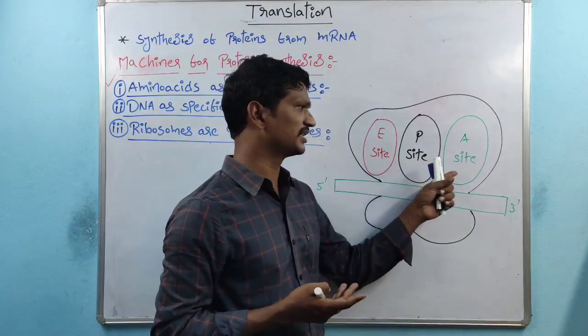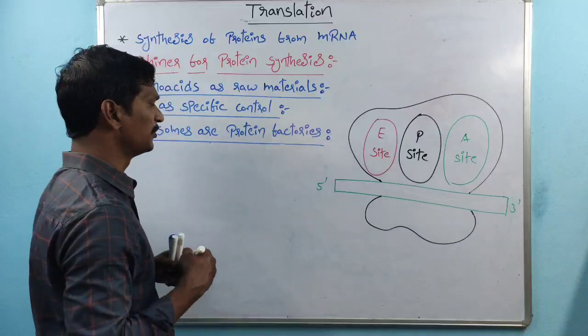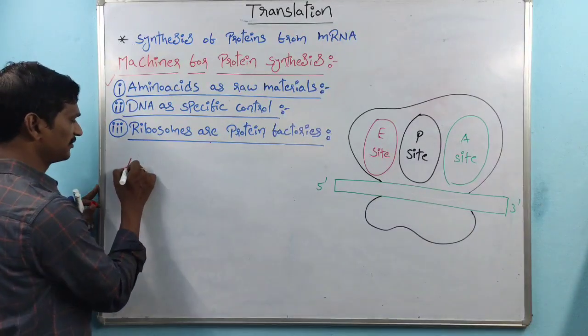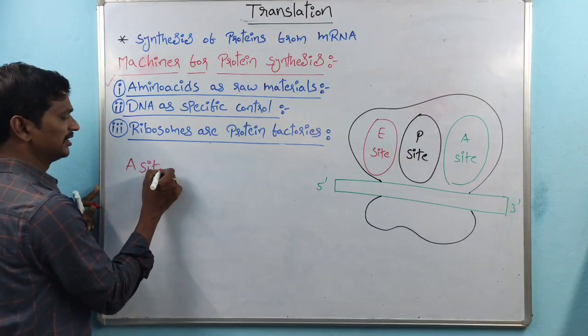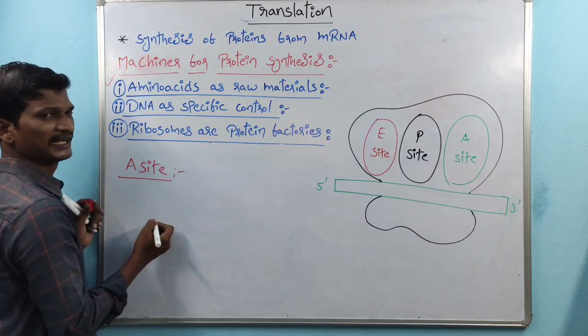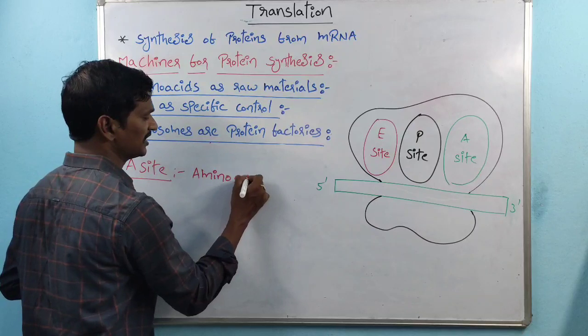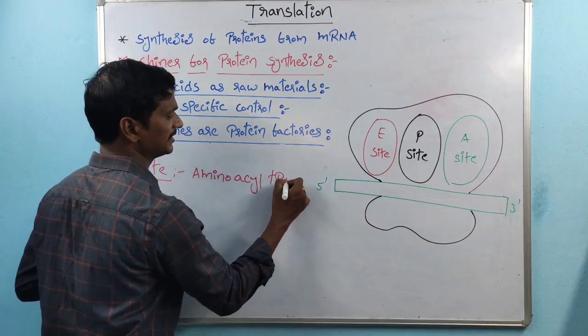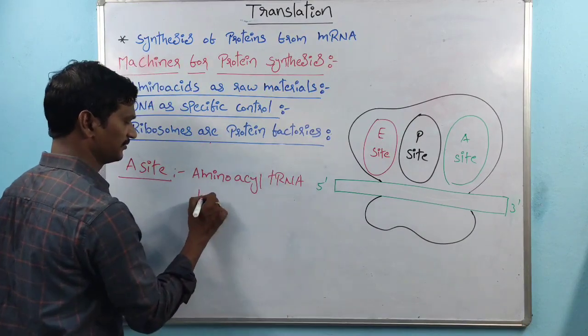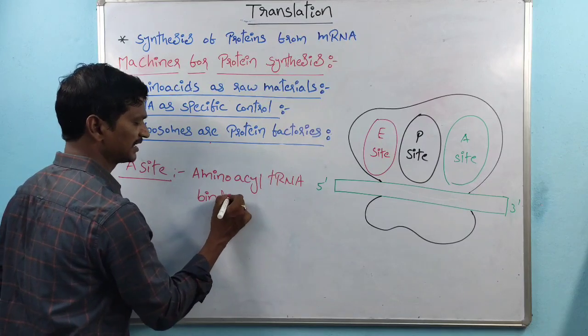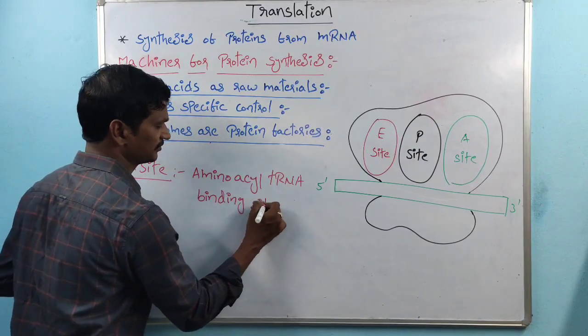The A site is the aminoacyl tRNA binding site. The very first one is the aminoacyl tRNA binding site.